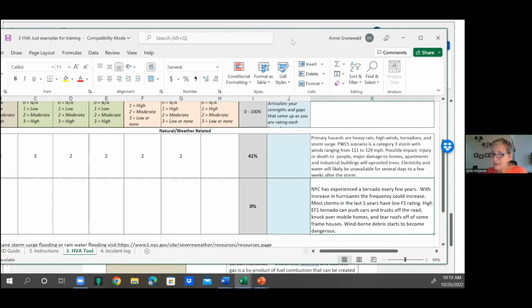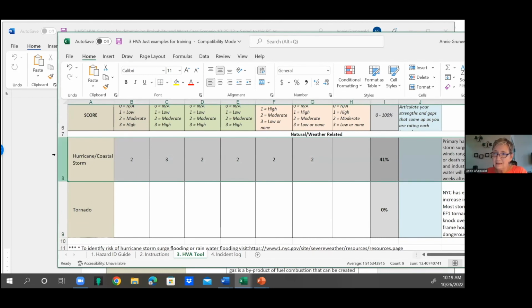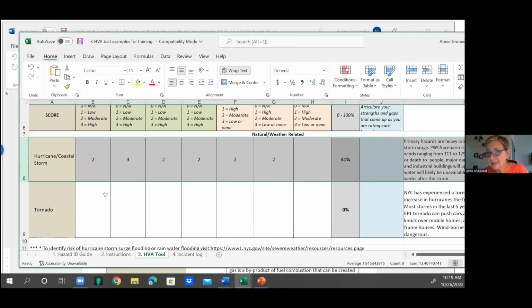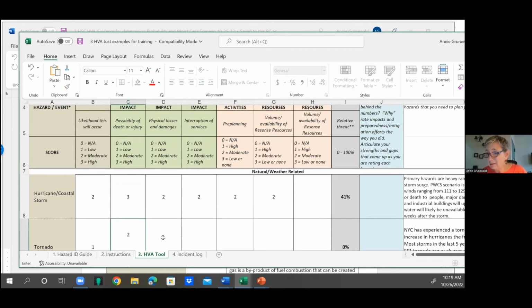So let's see, what does that mean to us? Maybe that means that we consider the probability is probably low. However, if that plausible worst case scenario actually happens, I would say that we probably have a moderate risk for our people. It could be lower, but I would just safely say a 2.